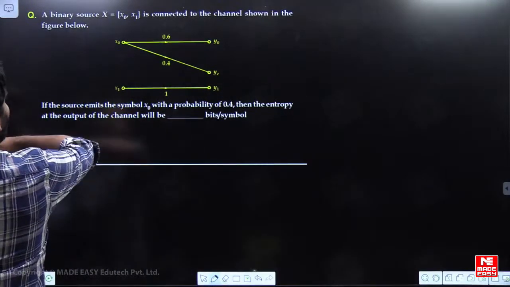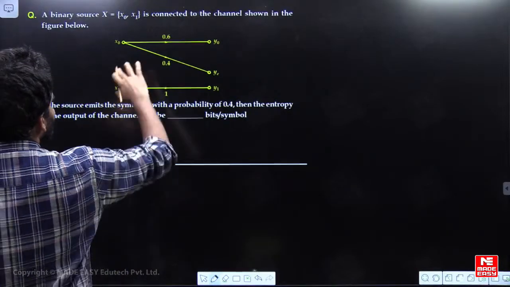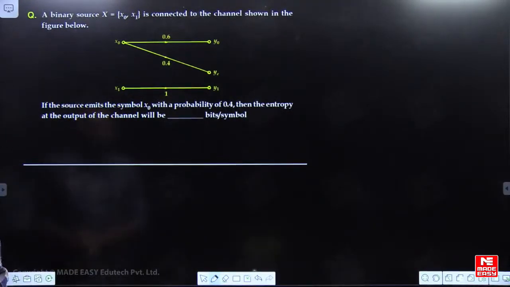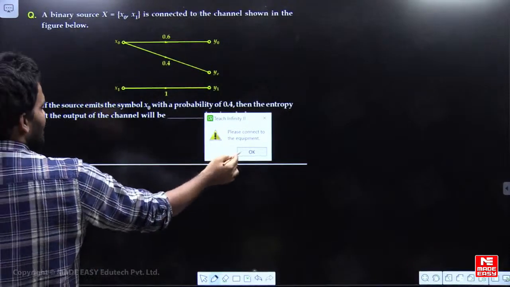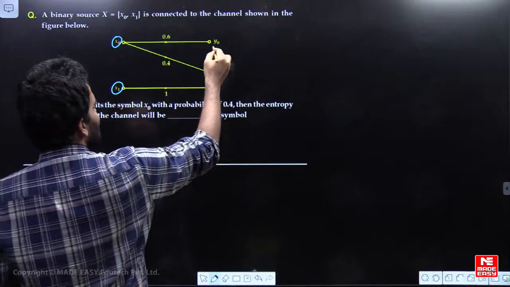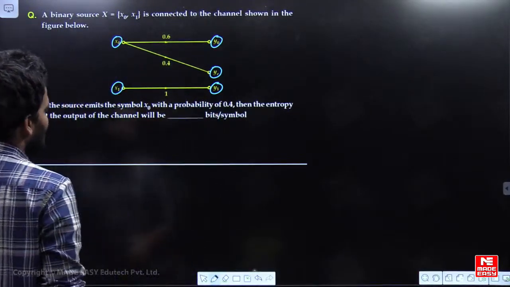Try this question. A binary source X equals X0, X1 is connected to the channel shown in the figure below. Okay, here the channel diagram is given. The source emits the symbols, the transmitted symbols here X0 and X1, the received symbols denoted Y0, Ye and Y1.